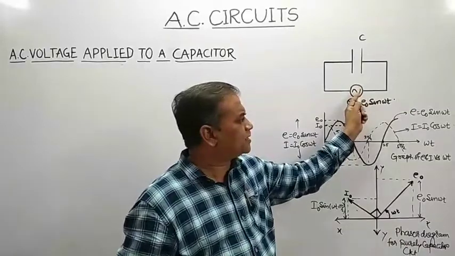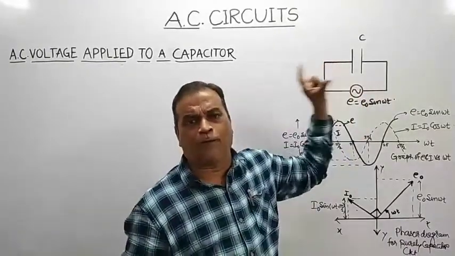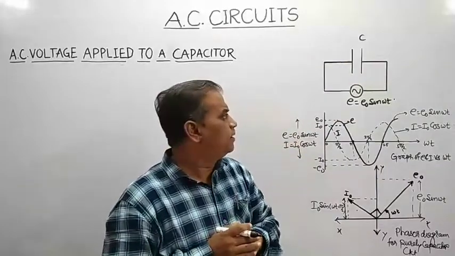So let us consider, see here, this schematic symbol. Whenever we see such a symbol, it represents a source of alternating EMF.